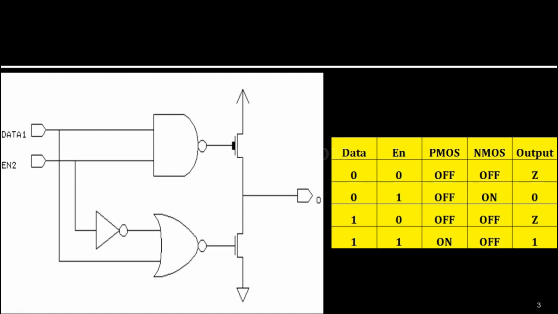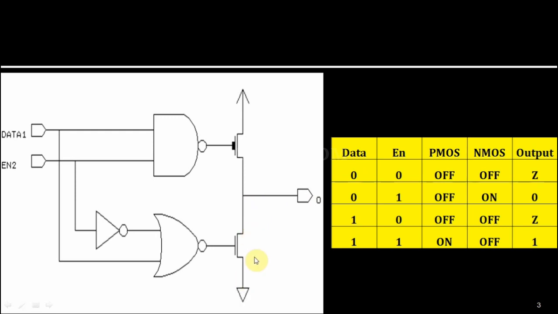Consider the second case, where data is 0 and enable is 1. Then the PMOS transistor is switched off and the NMOS transistor is switched on. So the output is directly connected to the ground, and the output is logic 0.